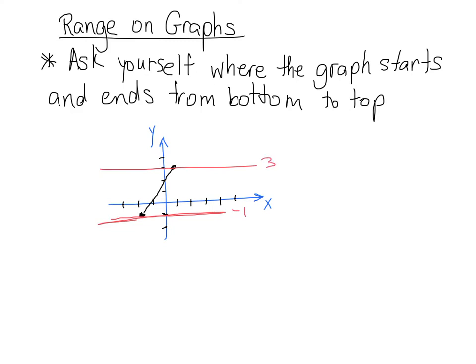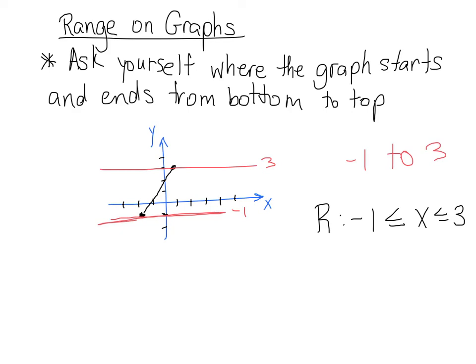So from bottom to top, our range goes from -1 to 3. But of course, we want to have it in nice set notation with our inequalities. So it is range, and we can put an R and colon. Range is -1 is less than or equal to y, which is less than or equal to 3. And so that's how we do the range.